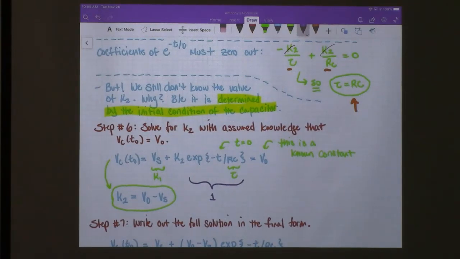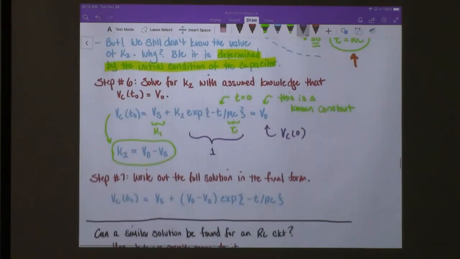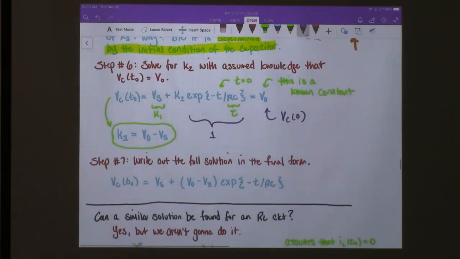And what that will leave us with is that K2 is equal to V0, which is what we're calling the initial condition, minus VS. And so in this case, our value of V0 was 0, so it would be equal to minus VS.